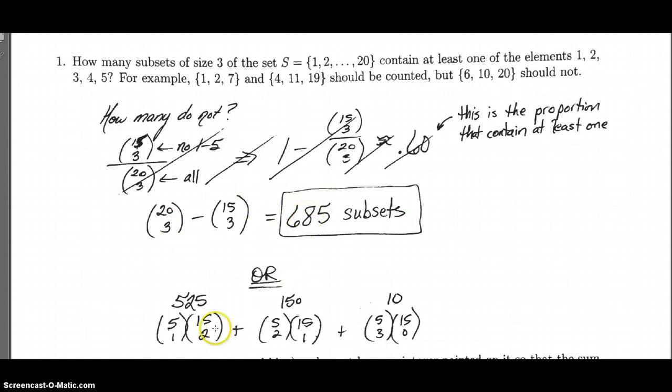Another fine way to do this would be 3 cases. Since it says we contain at least one, let's say we contain 1 of the 5, 2 of the 5, or 3 of the 5. Those are the only 3 possible cases. They're not going to overlap. They're mutually exclusive, so we can just add them together here.